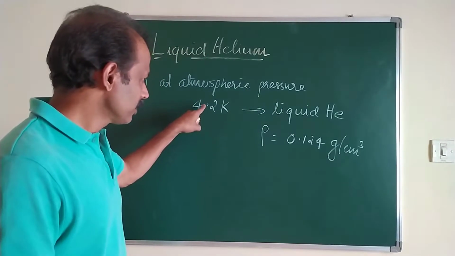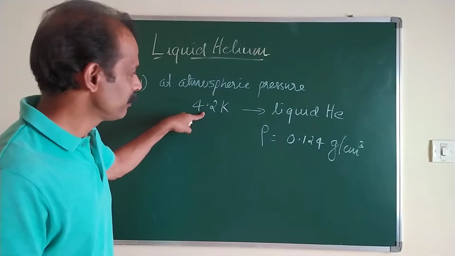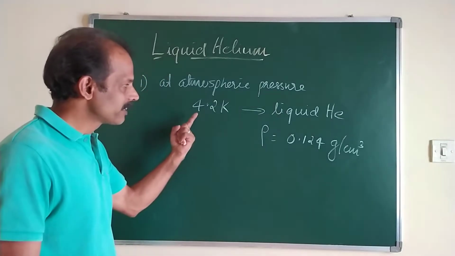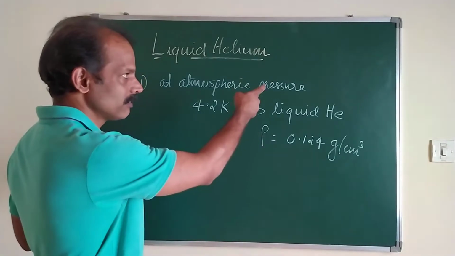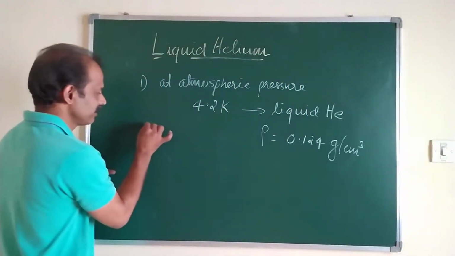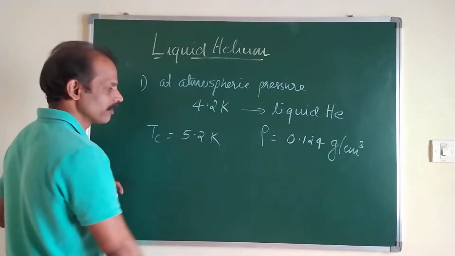Right? So the condensation starts at 4.2 Kelvin. Actually, below this temperature, condensation happens, and the critical temperature of helium, that is Tc, is equal to 5.2 Kelvin.